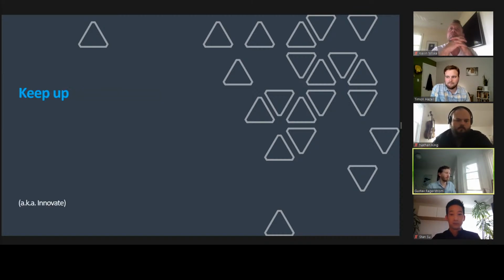So that could be anything from just being responsive to being open-minded to being technically up to date with stuff, which brings me to the next point, which is keep up, aka innovate. I've written that in smaller font because it's a very overused word, but this is one of the prompts of this panel, right?